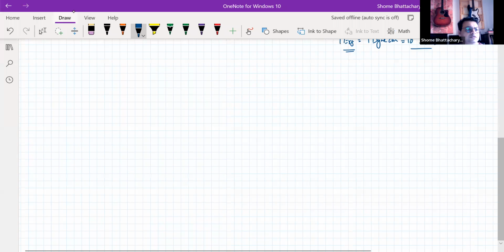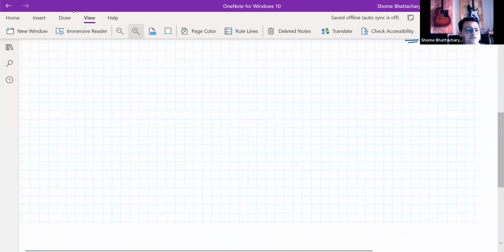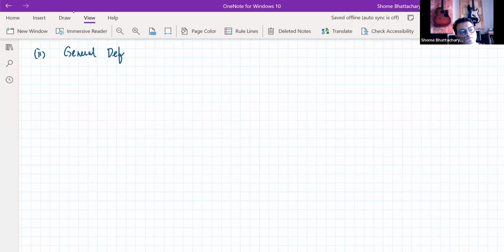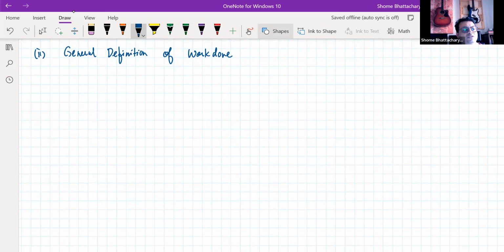Okay, so now let's look at the general definition of work done. In general, if a force F is acting at a point, and as that force is acting, that point is displacing through a certain path.